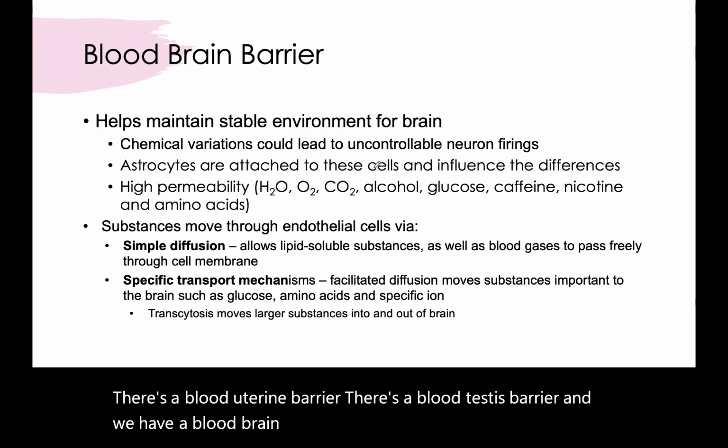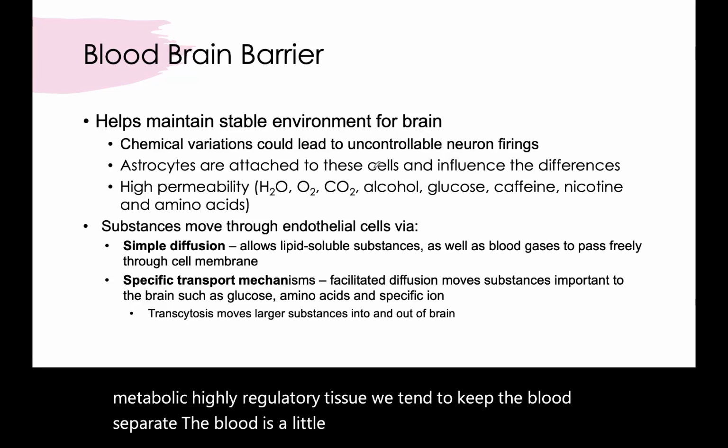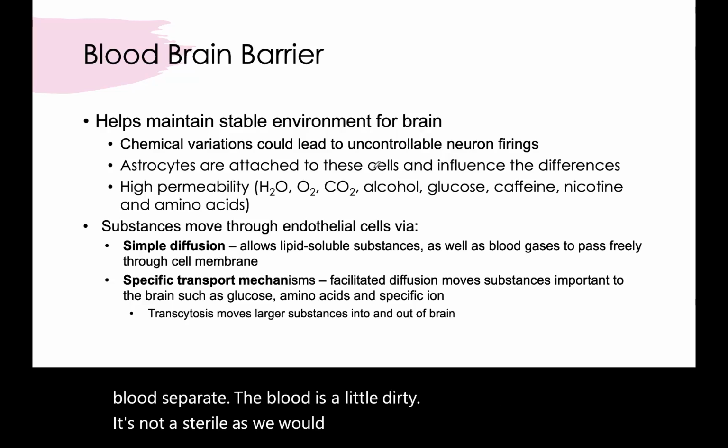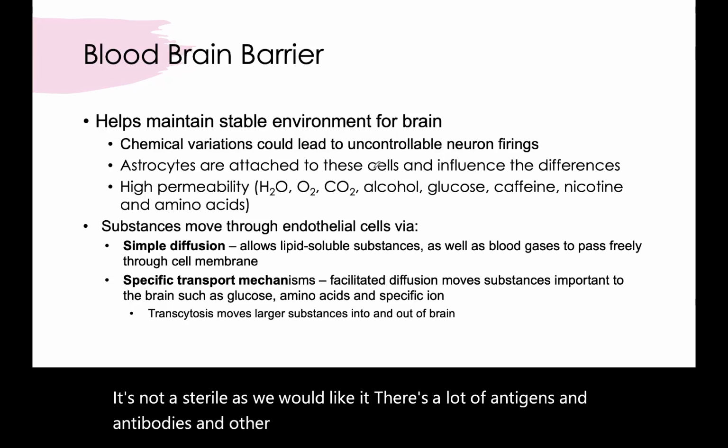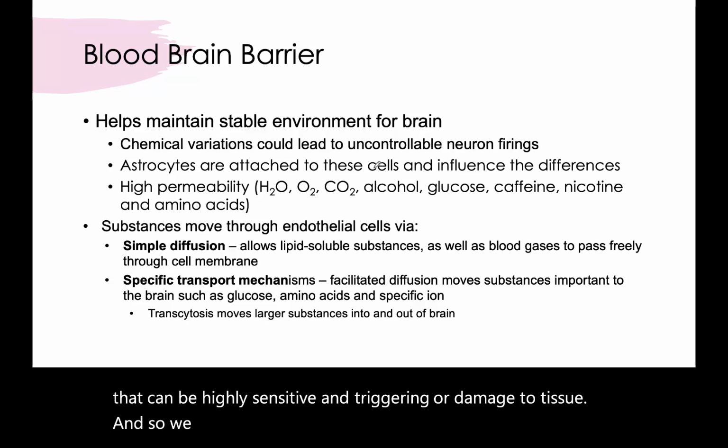Wherever you've got sensitive, highly metabolic, highly regulatory tissue, we tend to keep the blood separate. The blood is a little dirty. It's not as sterile as we would like it. There's a lot of antigens and antibodies and other things that are floating around in the blood that can be highly sensitive and triggering or damaging to tissue. And so we see this as a common mechanism.